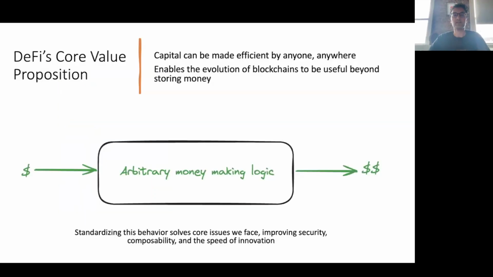If we think back to what DeFi is trying to do, it's really allowing people to make money efficient. I can use smart contracts to put money in and get money out. Before, blockchains could really only be used for storing and moving value.